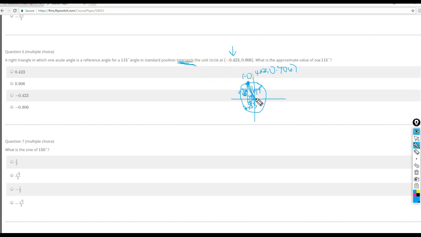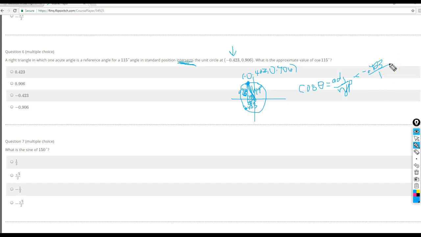So then cosine is adjacent, the ratio of, so the cosine of our angle is equal to the ratio of our adjacent side length over our hypotenuse, which is equal to negative 0.423 over our hypotenuse, which is 1, and negative anything divided by 1 remains the same.